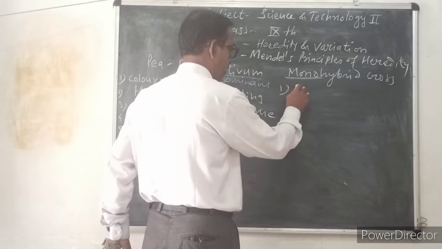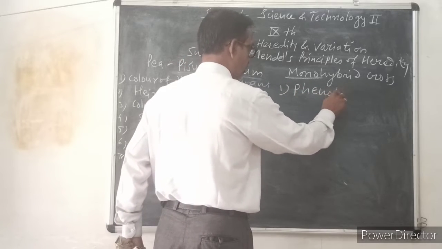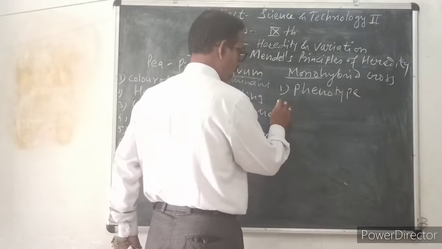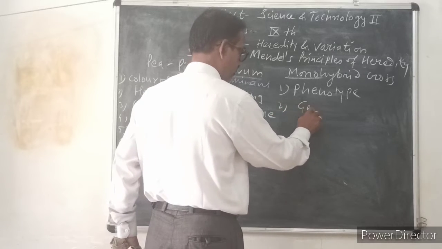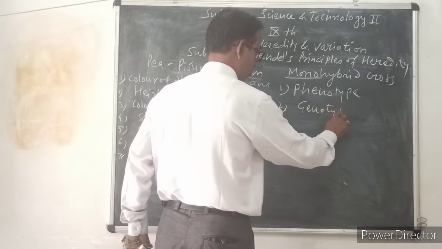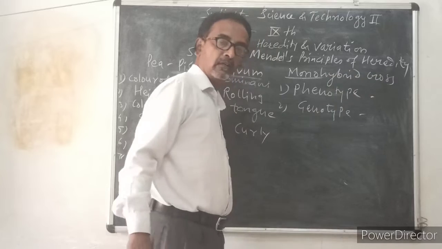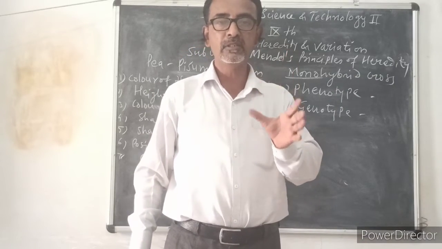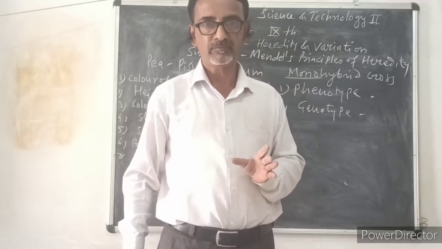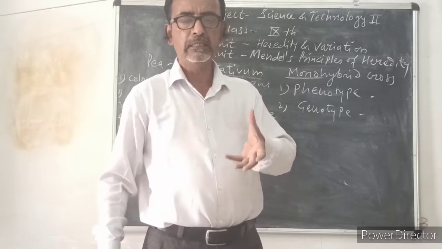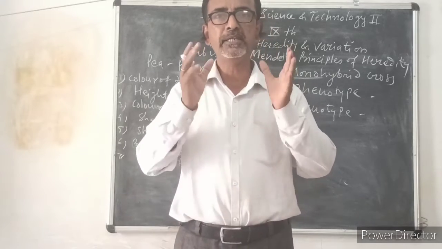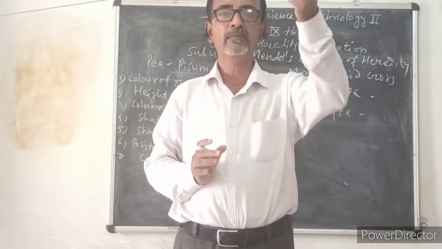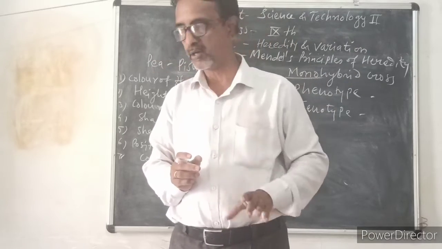One definition is phenotype, and the other is genotype. Phenotype is the external appearance of the organism. For example, height of plant, immediately we can identify that the plant is tall or the plant is short.